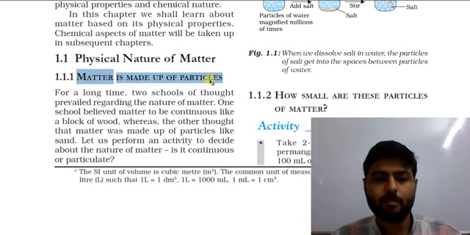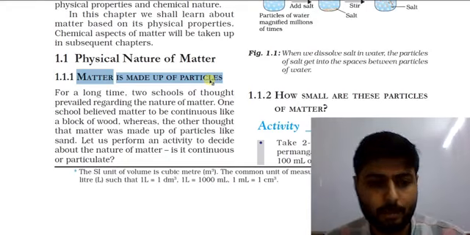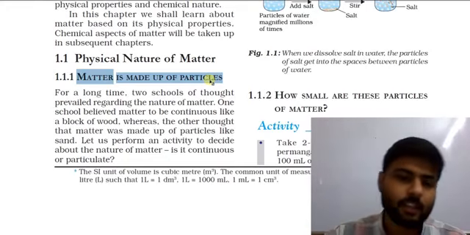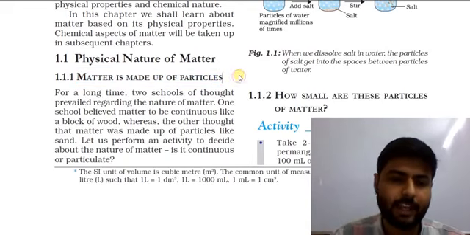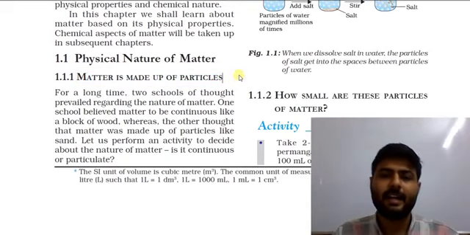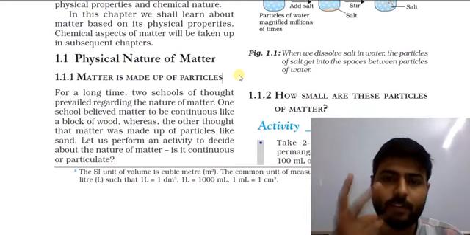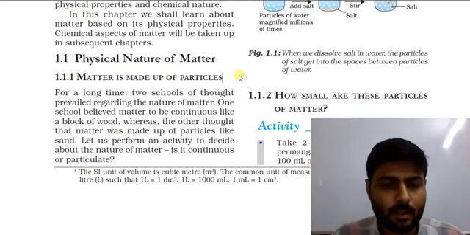For a long time, two schools of thought prevailed regarding the nature of matter. There are two types of thinking, that matter is made up of this or made up of that.